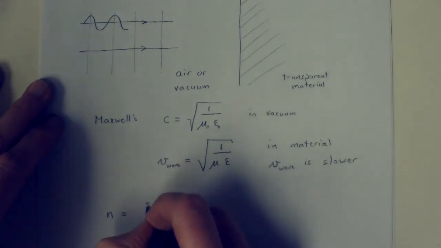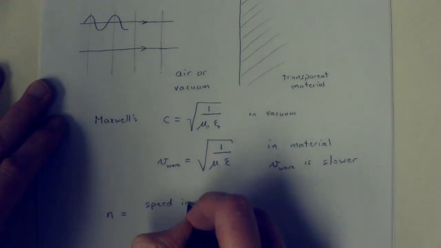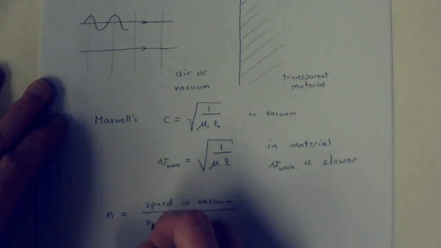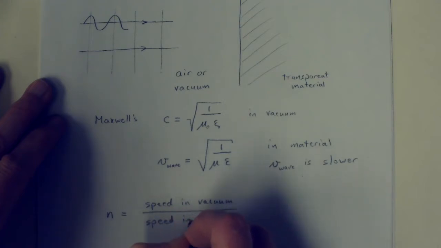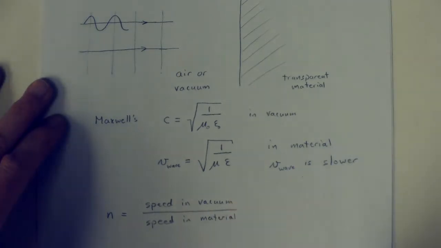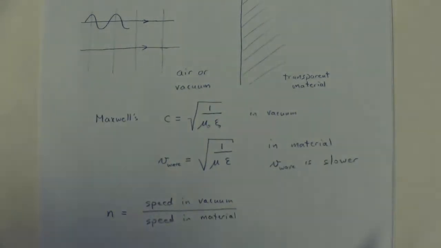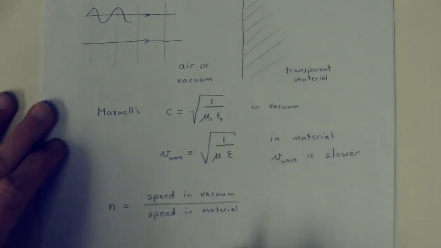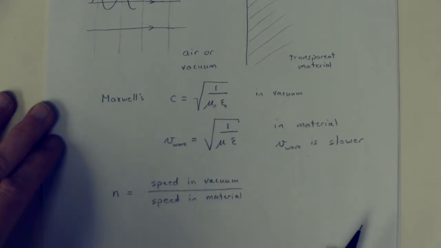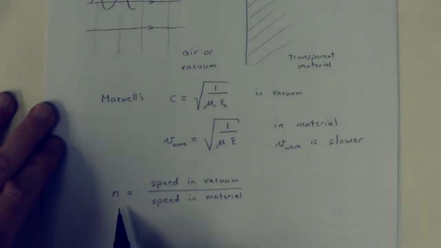And n is defined as the speed in vacuum divided by the speed in the particular material that you're talking about. Now that seems backwards. Normally you put the particular divided by the reference, and here it's the other way around. You have the reference value on top and the particular value in the denominator, with the result that even though the speed is slower in the material, n will be larger.